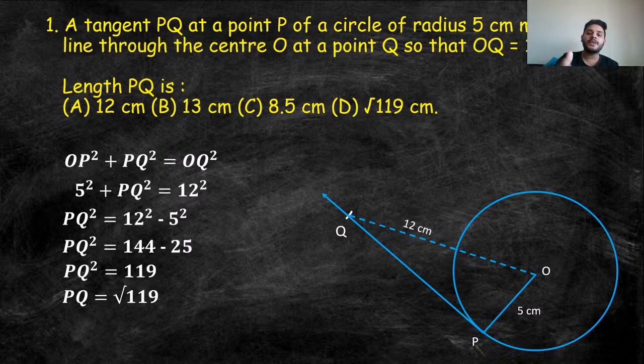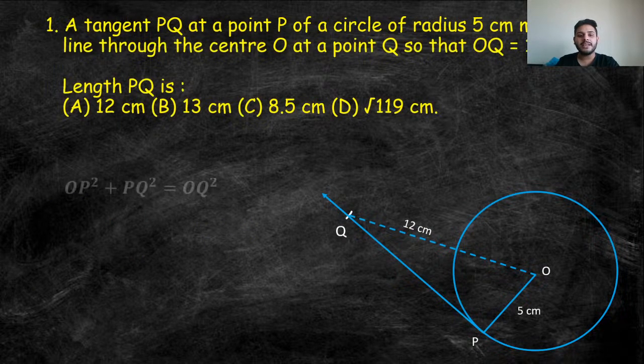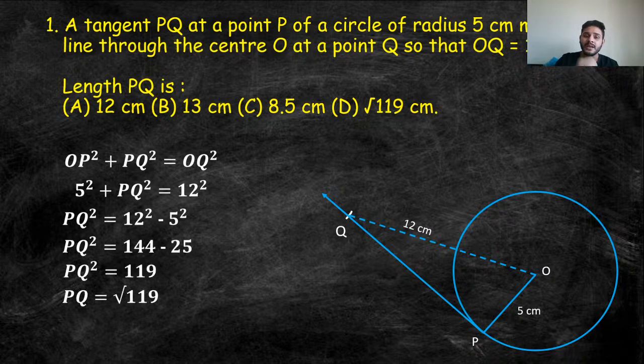So the length of PQ is option D, root 119. I am sure that you have understood where to use this theorem, and by using the Pythagoras theorem we were able to find the length of the third side of the triangle. I hope everyone is clear with this.